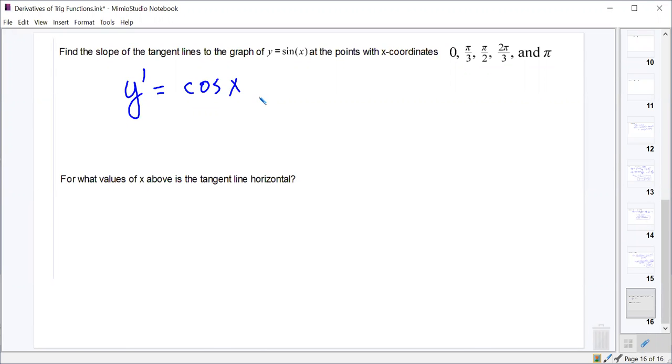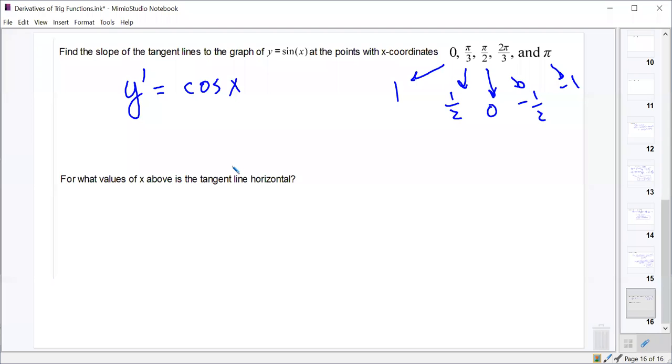Yep. And so at 0, cosine of 0 is 1. Cosine of pi over 3 should be 1/2. Cosine of pi over 2 should be 0. Cosine of 2 pi over 3 should be negative 1/2, and cosine of pi should be negative 1.